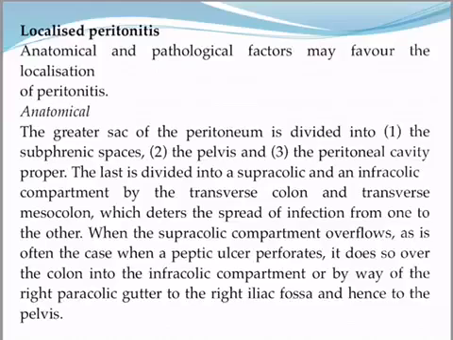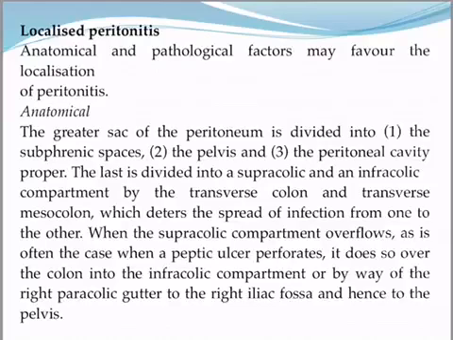The peritoneal cavity has a special defense mechanism which aims to localize the inflammatory process rather than make it diffuse, because the mortality and the subsequent sequelae of diffuse peritonitis are much more grave, much more severe, much more fatal than localized peritonitis. So localized peritonitis has a much better prognosis than diffuse peritonitis. So our aim, or the body's aim, is to localize the inflammatory process rather than make it diffuse.